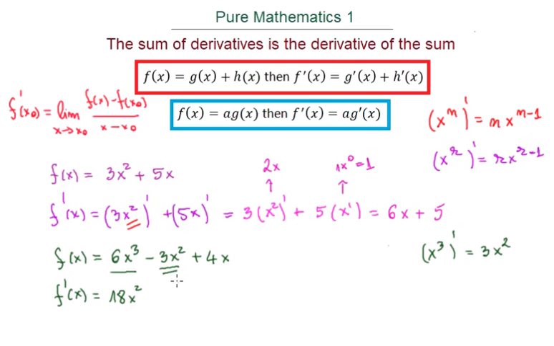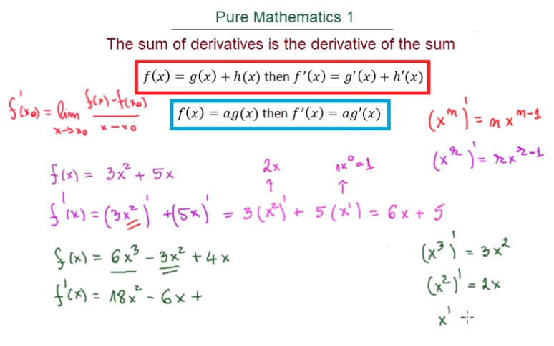Next, we take the following term, 3x squared. We know that 3 will not change, it will be multiplied by what we get after differentiating x squared. X squared differentiated means 2 times x to the power of 2 minus 1, which is 1. So then it will be 3 times 2x, which is 6x, plus 4x, which means 4 times x, so we will only be differentiating x.